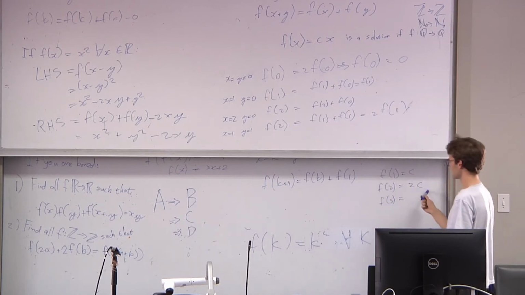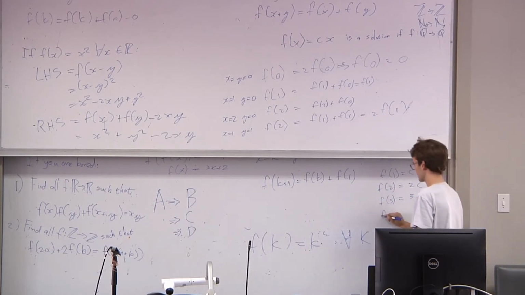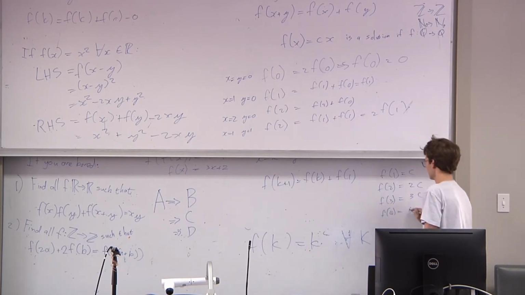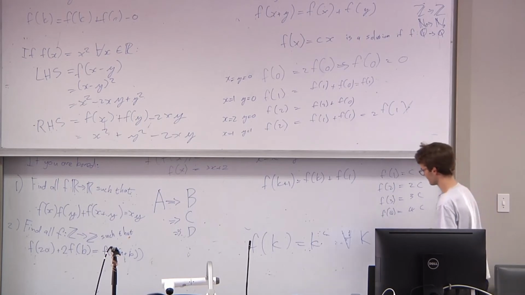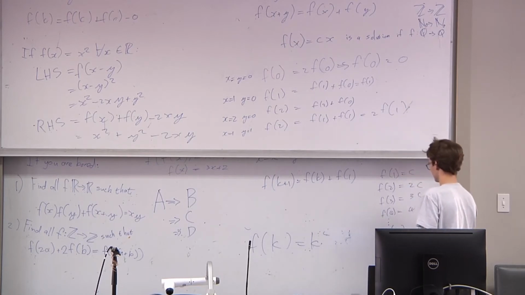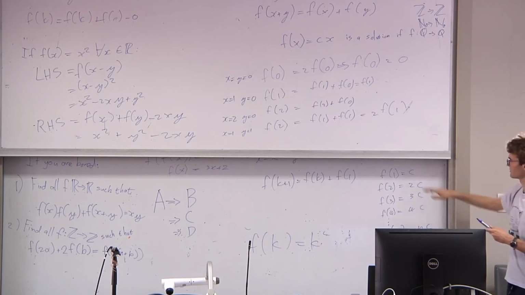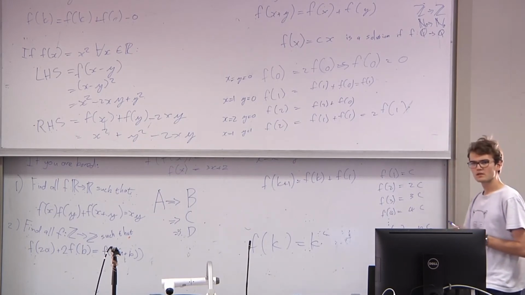So that's 2c plus c, so you get 3c. And then you can keep going with induction to get that f of 4 is 4 times c. And in general, you get that f of n is n times c, where c is the same as f of 1.